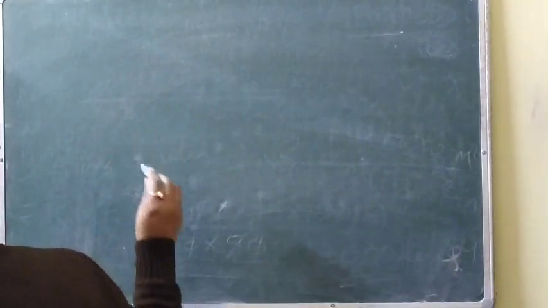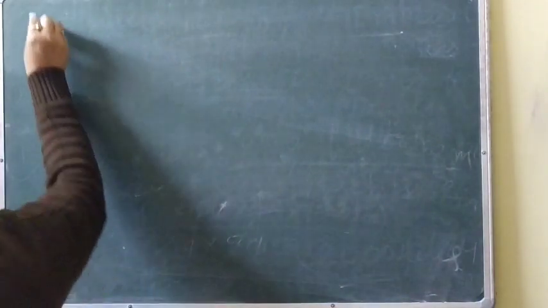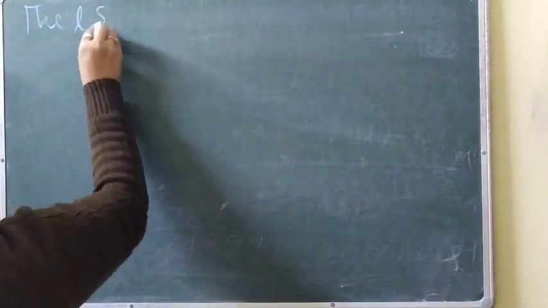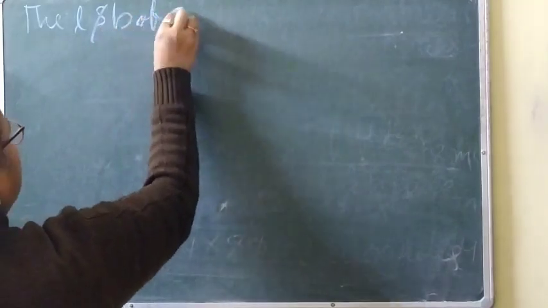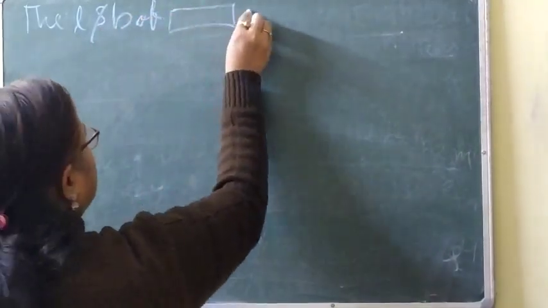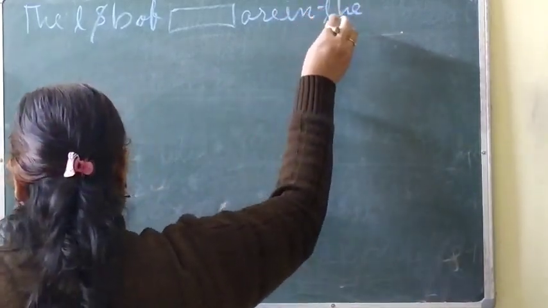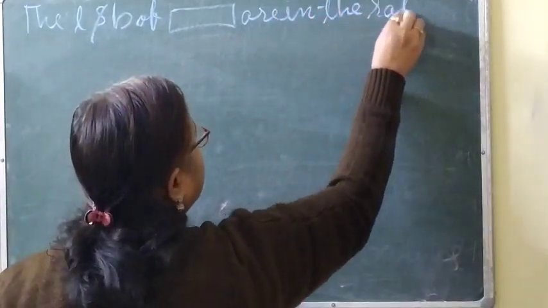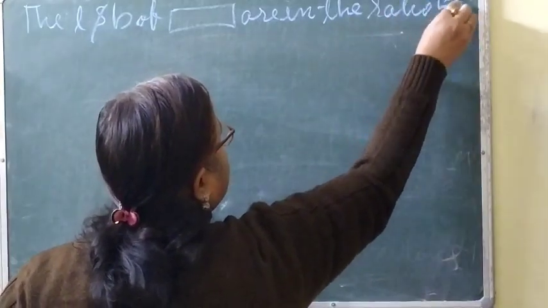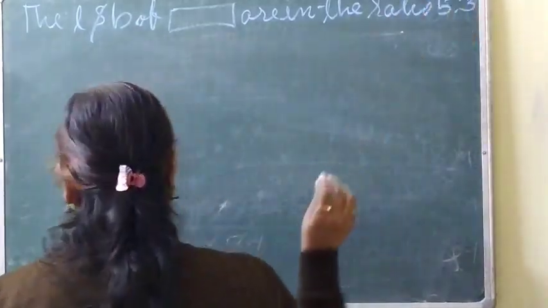The length and breadth of a rectangular piece of land are in the ratio 5:3. Clear?